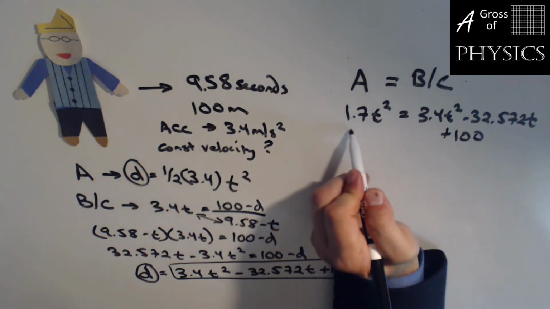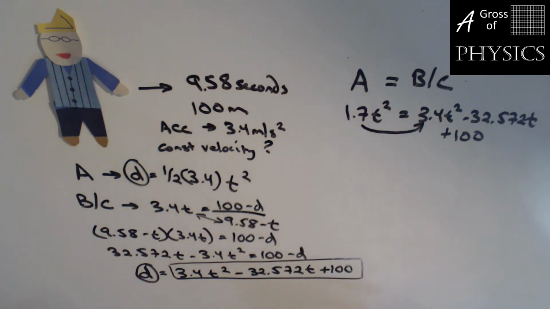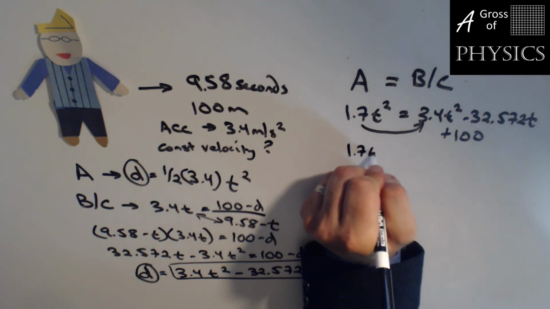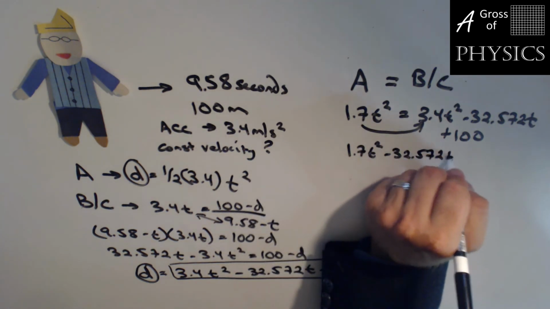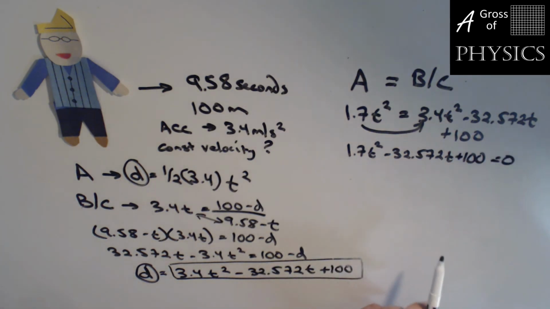I'll bring over the 1.7 t squared, and that will subtract from the t squared there. So you'll end up with 1.7 t squared minus 32.572t plus 100 equals 0. And to me, that looks a lot like a quadratic equation. In fact, what we're going to do is substitute that into the quadratic.